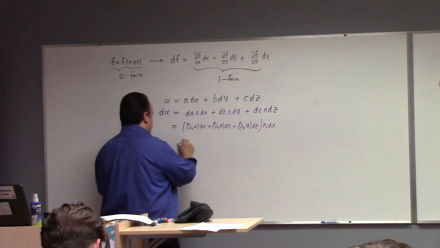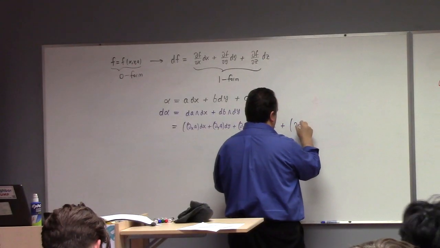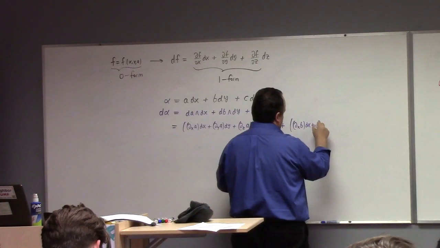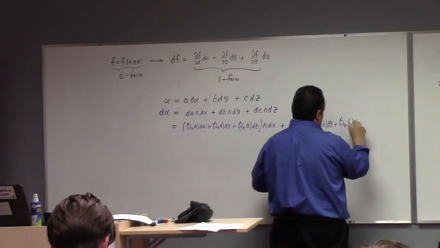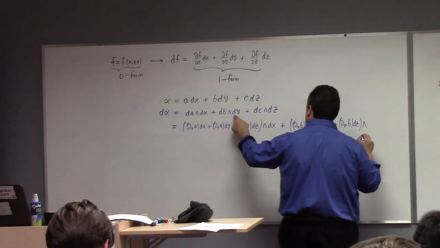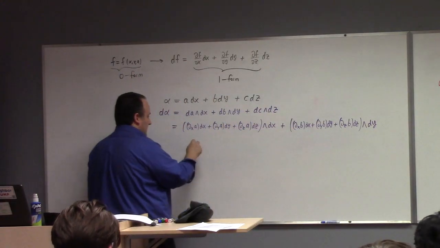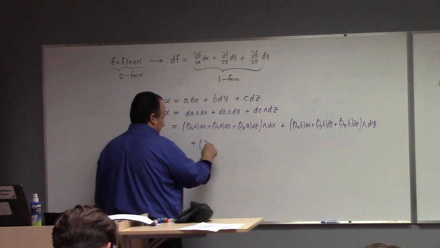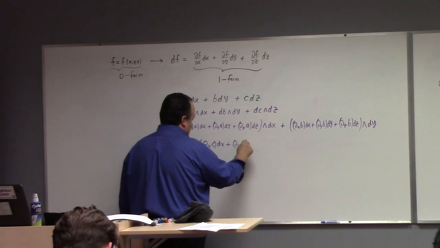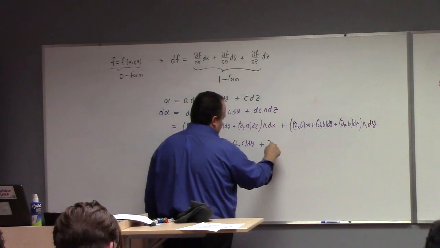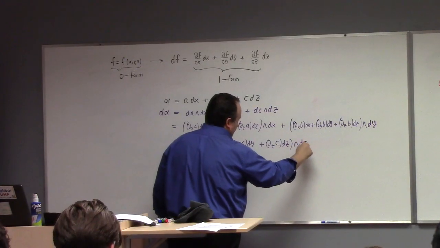And then I have the b derivatives, like partial x of b dx plus partial y of b dy plus partial z of b dz. That gets wedged with the dy. And then finally plus the c derivatives, so partial x of c dx plus partial y of c dy plus partial z of c dz wedged with the dz.